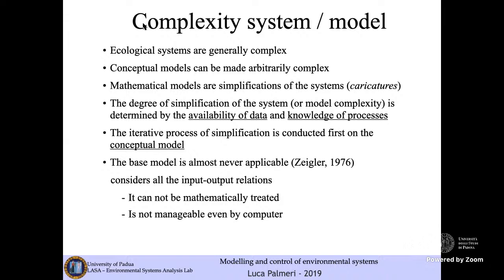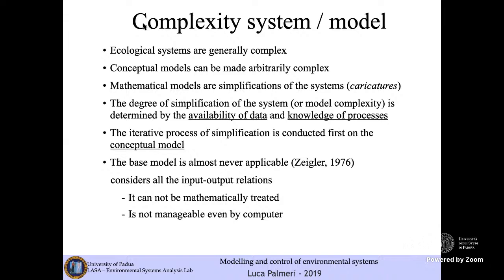model is so complex that in order to solve equations describing, for example, 1 month or 1 season of a system evolution, I need to make a calculation that takes, for example, 2 years of CPU time, then my model is useless, is not useful at all.